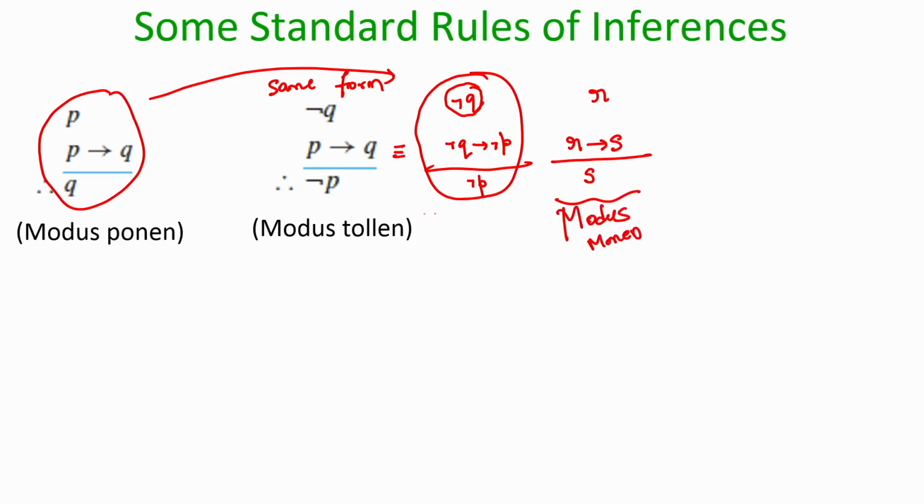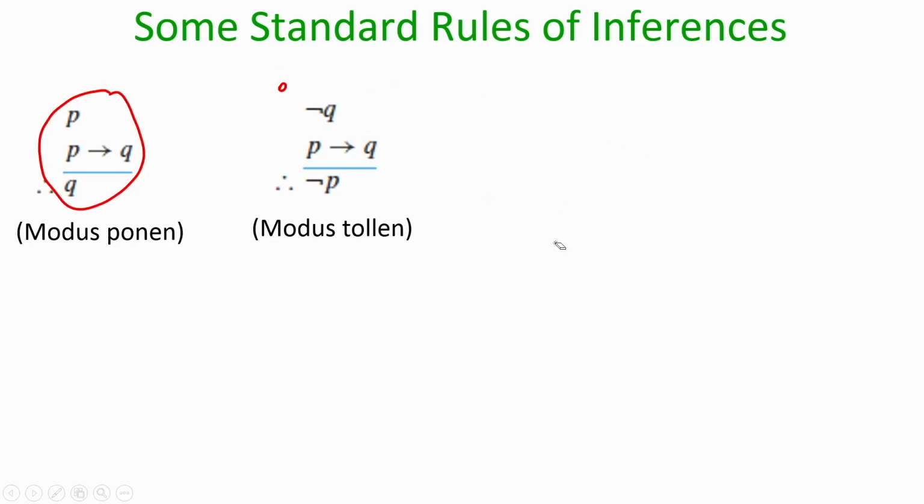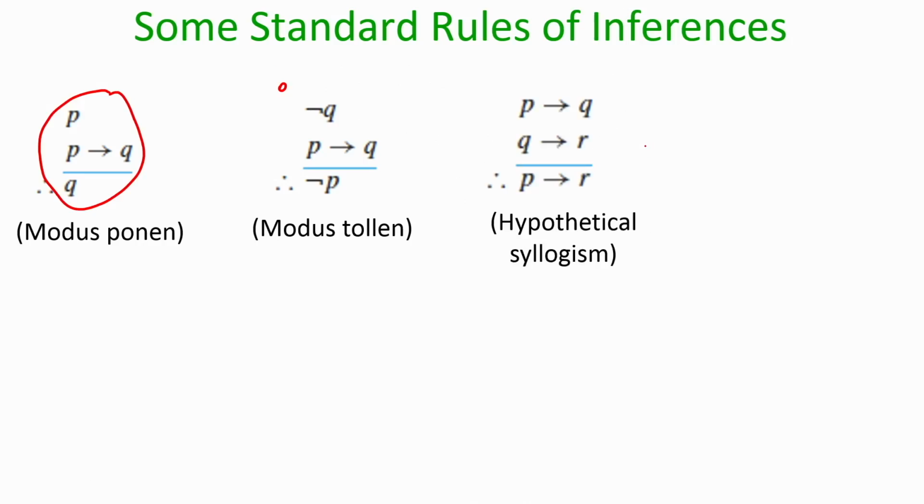So, even though Modus Tollens looks structurally different because of the negation appearing here, if I rewrite everything and do the substitution, I can bring Modus Tollens into the form of Modus Ponens, and hence I do not have to separately prove by truth table that Modus Tollens is a valid argument form. It is a valid argument form, and I can use it in any simplification.